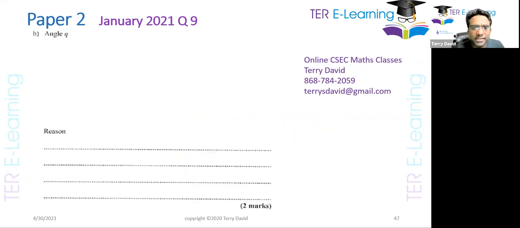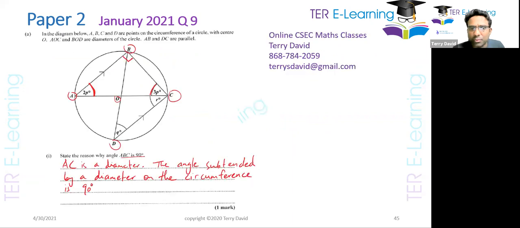This next one, they want angle Q and they want a reason. Where is angle Q? Angle Q is this angle here. Now, there is a circle geometry rule that says the angles in the same segment are equal. Here's what's happening.